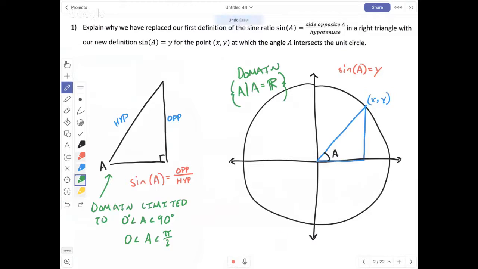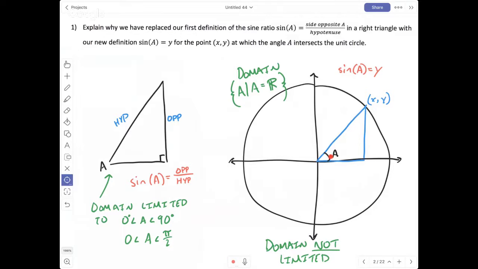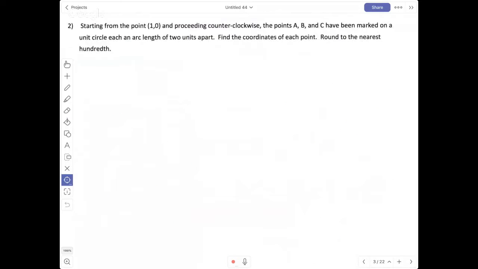The domain here is not limited. So on the unit circle, we can now have angles that go past 90 degrees, and we could also have negative angles. In a right triangle, we don't have either of those. Can't go past 90 degrees, can't go negative. That's why we changed definitions. If I don't see any questions on that, I'll move on to number 2.